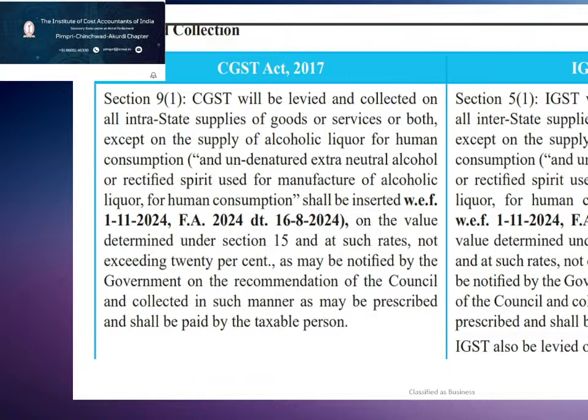If you are registered under the composition scheme and doing trading business, in that case your GST rate is 1%, again 0.5% CGST and 0.5% SGST. Then restaurant services, it is 2.5 and 2.5, and other than restaurant services it is 6%. These GST rates sometimes you will get in the question paper, otherwise you need to remember these GST rates.